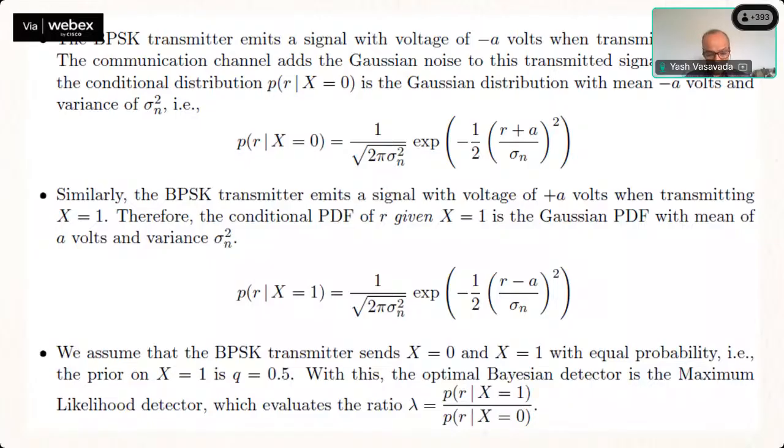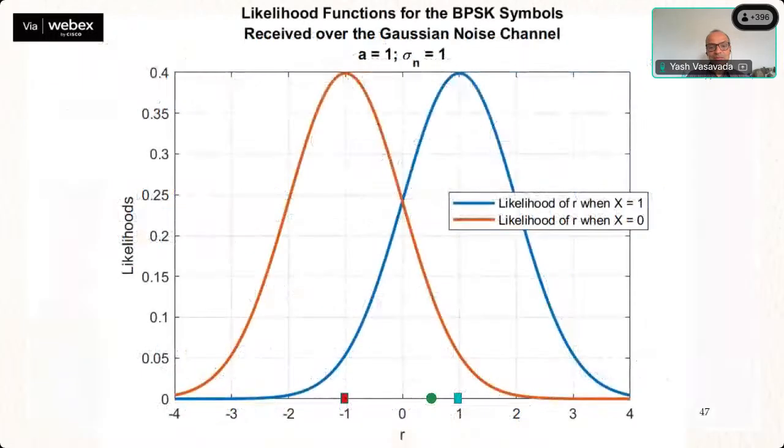When priors are not the same, we still calculate this ML ratio lambda, but then we multiply by the ratio of the priors. That becomes the MAP technique. The answer given by the MAP technique is not going to be the same as the answer given by the minimum distance detection rule.